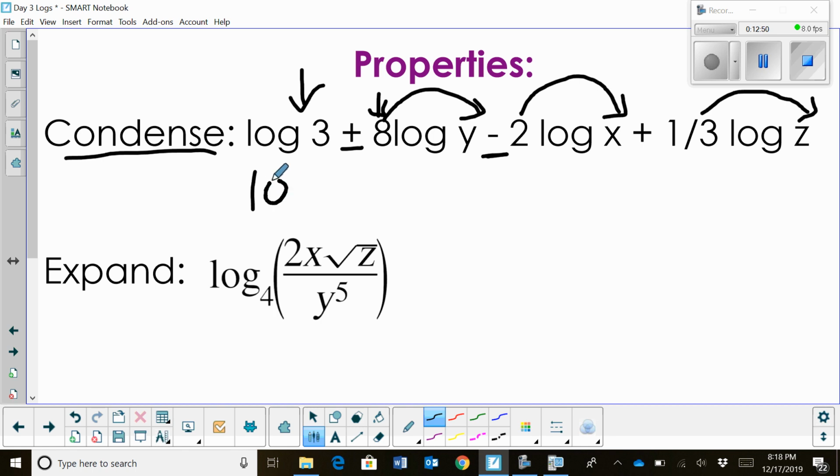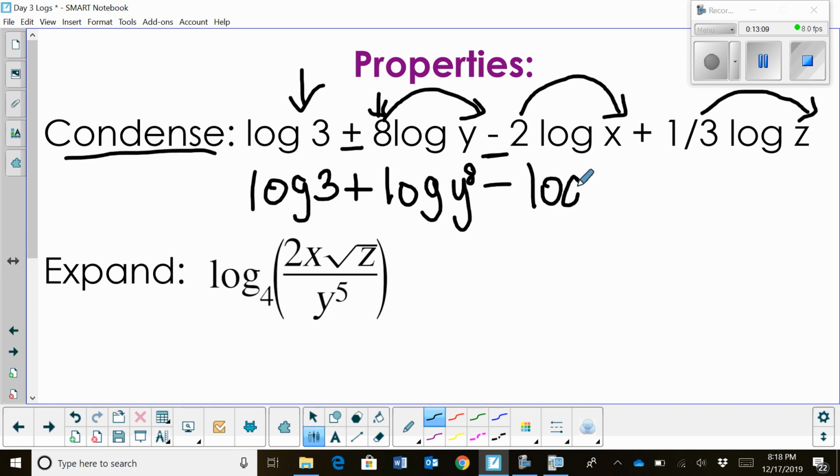So this is going to be log base 3. This one didn't have a coefficient, so there wasn't anything to move, plus log base y to the 8th power minus log of x squared plus log of z to the exponent of 1/3.